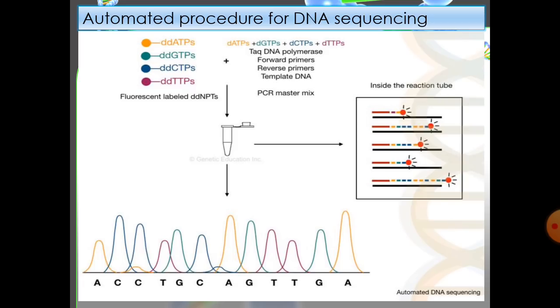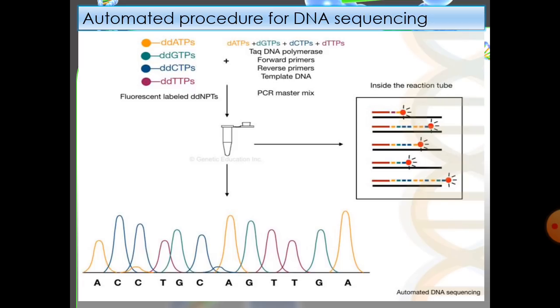Here instead of 4 different reactions, the automated DNA sequencing is carried out in a single tube, which means on a gel the DNA runs in a single lane.